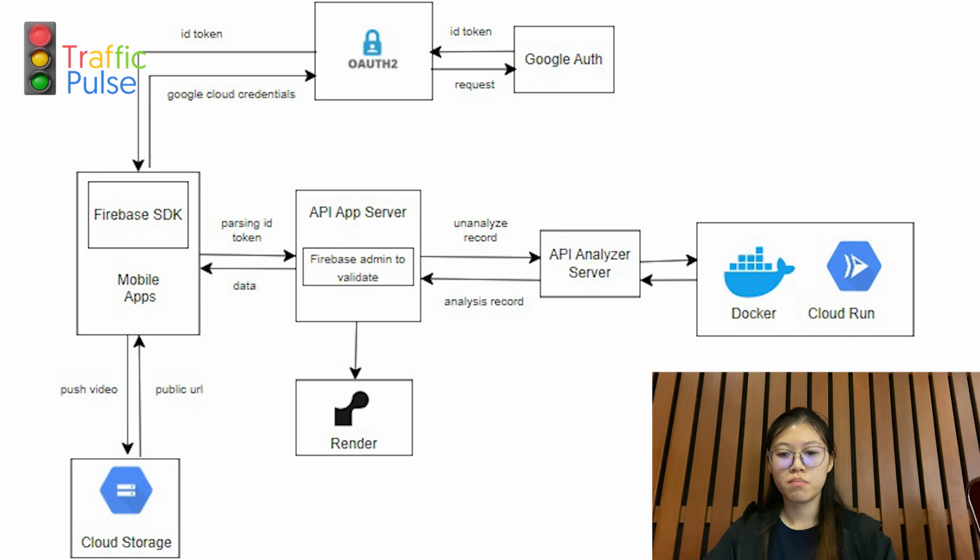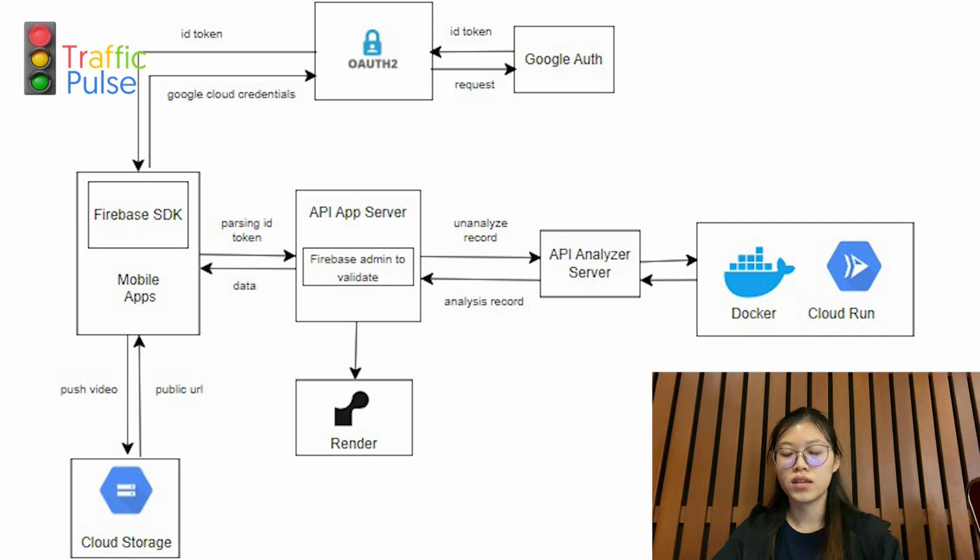Before we continue, the mobile app also pushes the video to the cloud storage, and it returns a public URL. Then the app server sends the unanalyzed record to the API analyzer server, and it returns the analysis record as data to the mobile app.